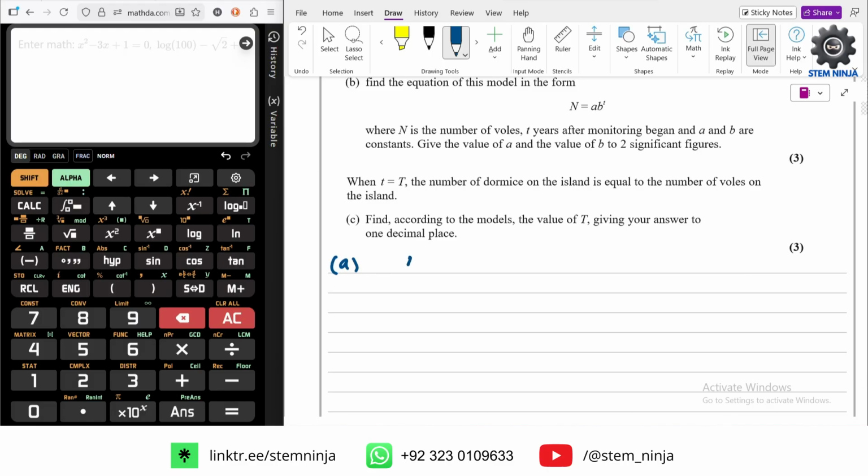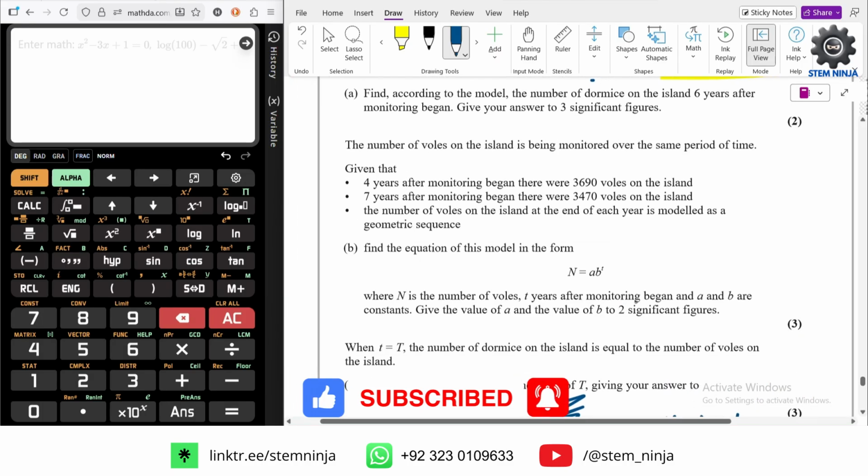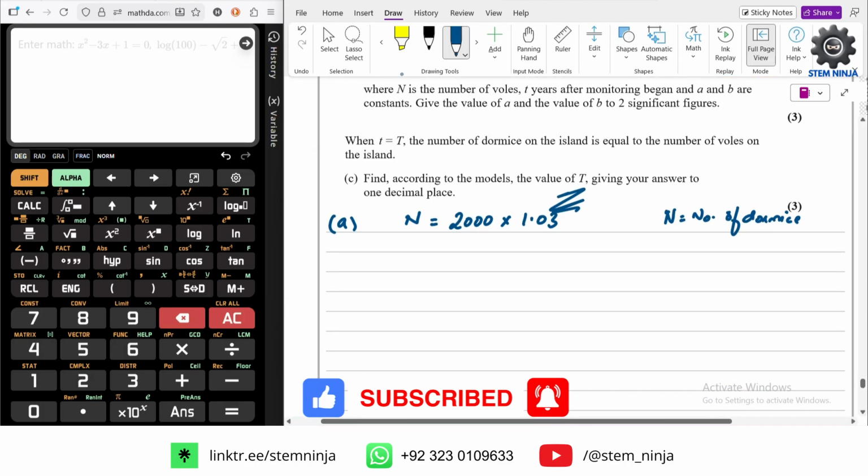So it will be number of dormice, 2000 times 1.03, which basically represents 100% plus 3%, and number of years. N is number of dormice, and small n, or let's say t, is time.